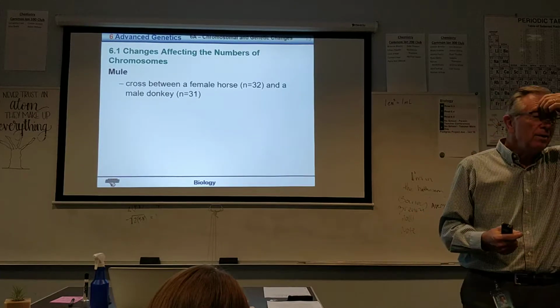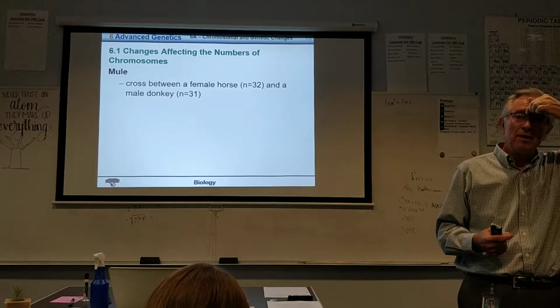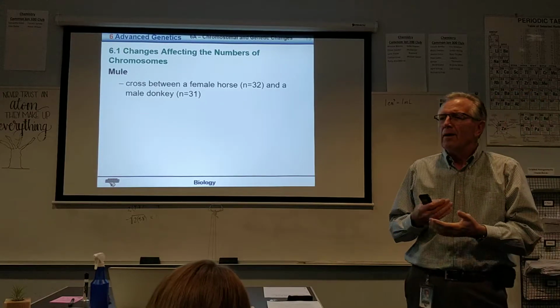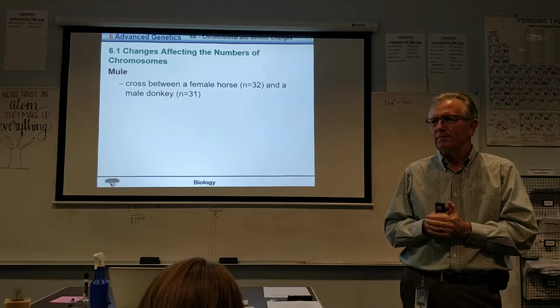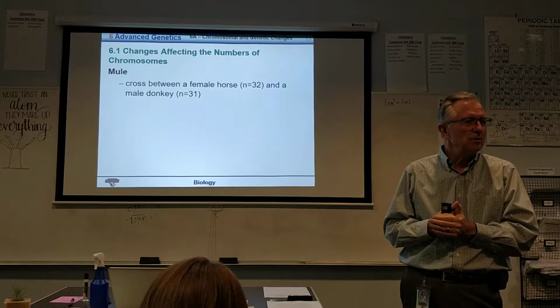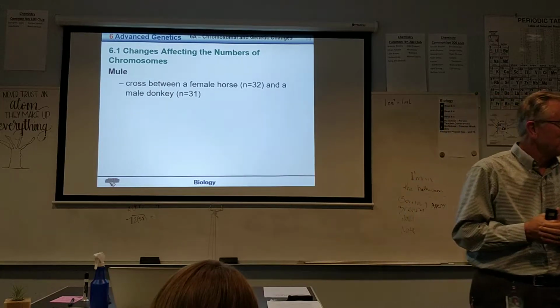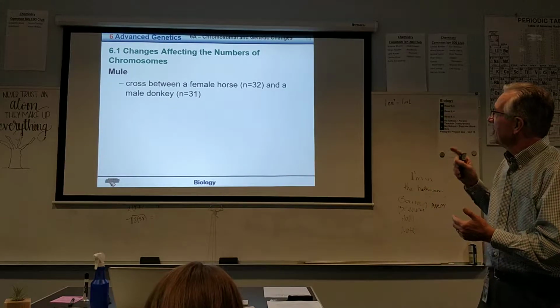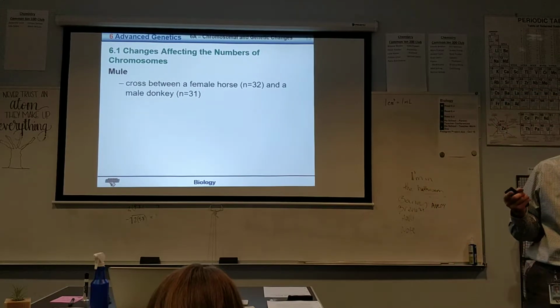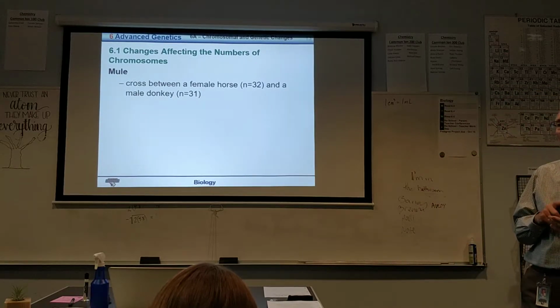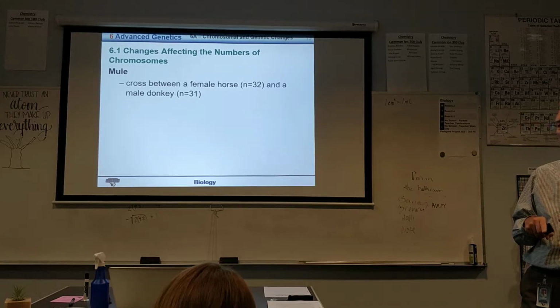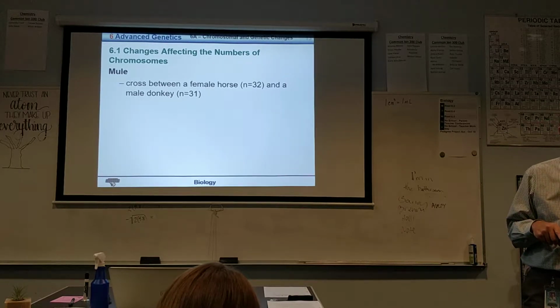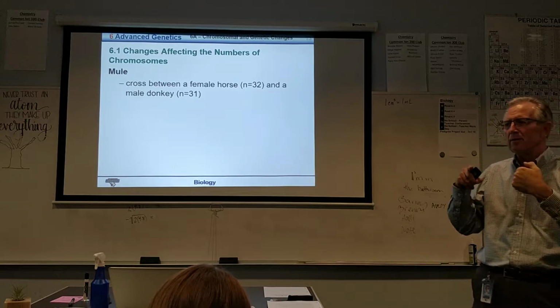Okay, now, in this discussion right here, how do we get a mule? Does anybody know how we get mules? You cross a horse and a donkey, and the horse needs to be a female, and the donkey needs to be a male. I forget what they call it if it's the other combination. It's not a mule.